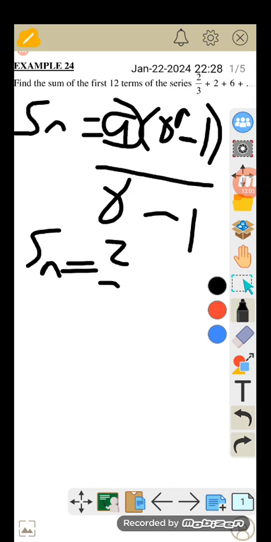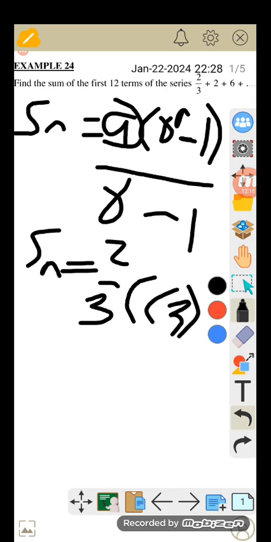Where I'm going to see R, I'm going to put 3. You see, guys? Like this. Remember, they say calculate the sum of the first 12 terms. Remember, which means that my n is going to be 12.